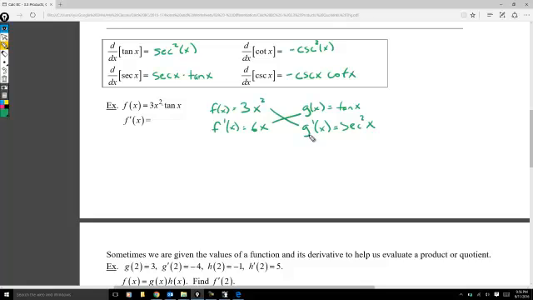So f of x times g prime and f prime times g, and that's my product rule. So my f prime is going to be f prime times g, so 6x times tangent, plus, and now my other cross here, so 3x squared times secant squared of x. If this method helps you, then go ahead and use it. It's pretty good.